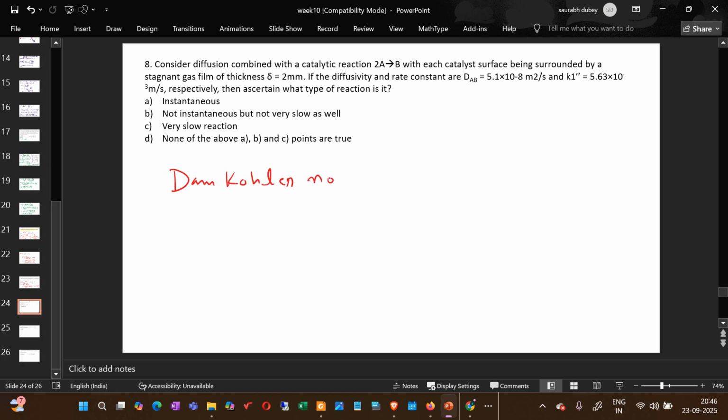This is D_AB divided by K1, right? This way, the diffusivity and the constant are given. Then you use this.